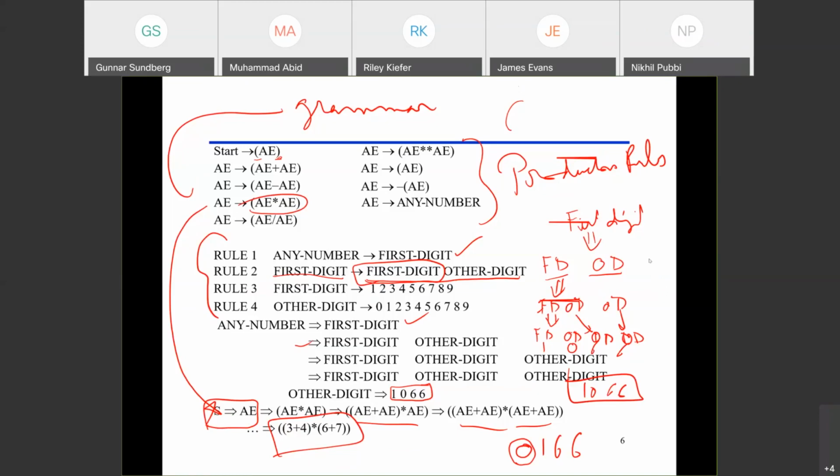Nikhil, so far, do you understand terminals and non-terminals and the production rules, grammar? Yep. Okay, that's great. Guys, please don't hesitate to ask me a question. Instead of going forward, I can help you right away if you are confused anywhere. So Riley, where are you confused, so I can revise that concept?